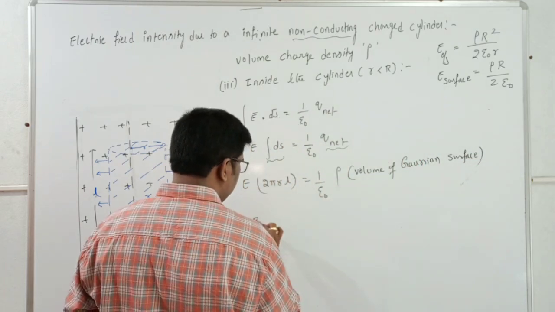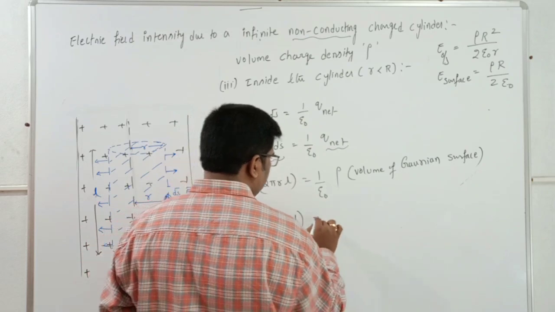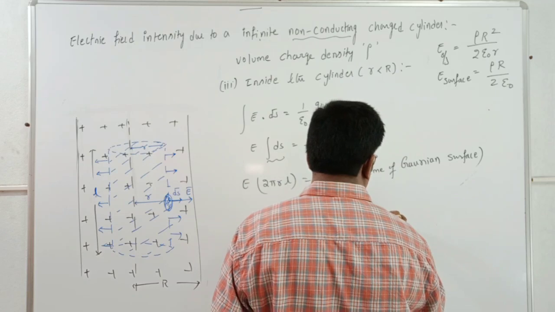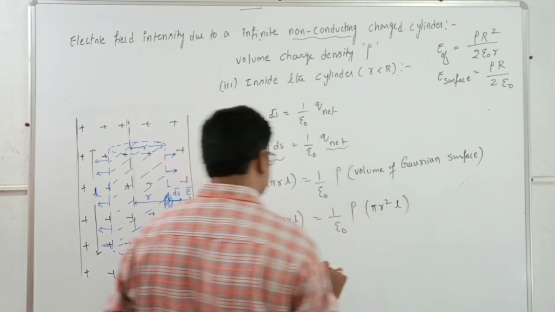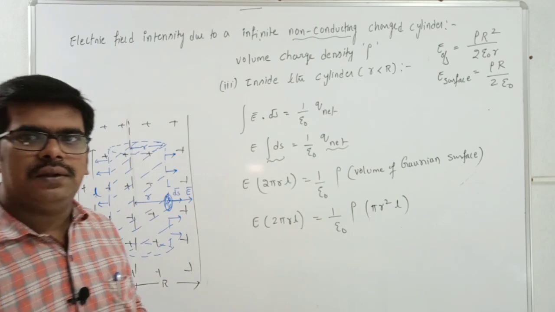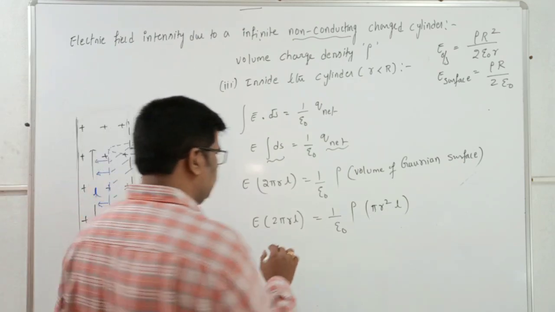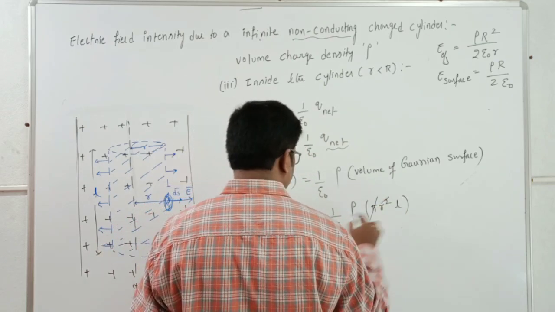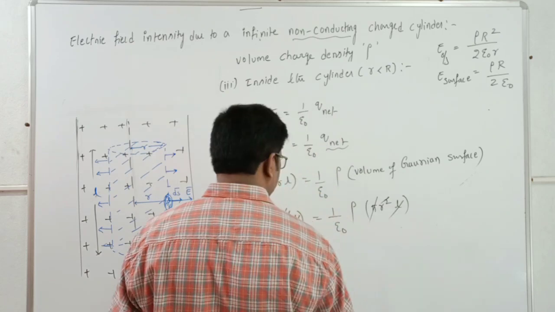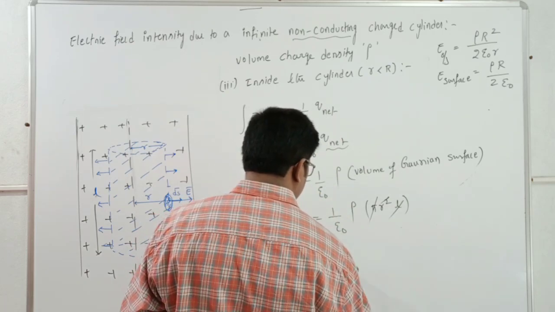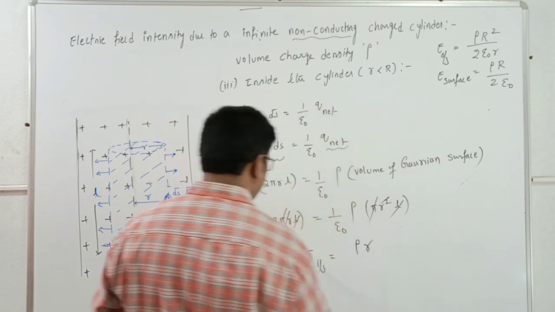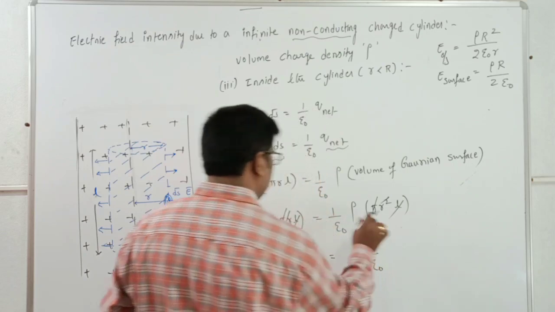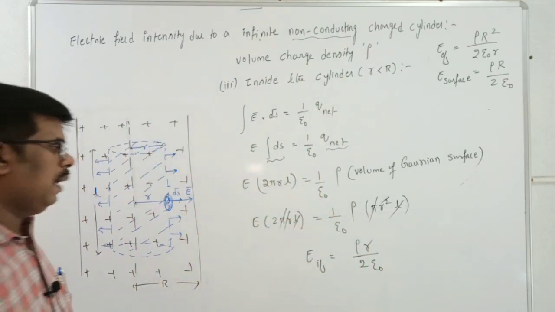E into 2 pi r L equals 1 by epsilon naught times rho into the volume of the Gaussian surface, pi small r square into length. Now the terms which cancel, make them cancel: pi gets cancelled, r one time, length L gets cancelled. Then E inside equals rho small r by 2 epsilon naught.